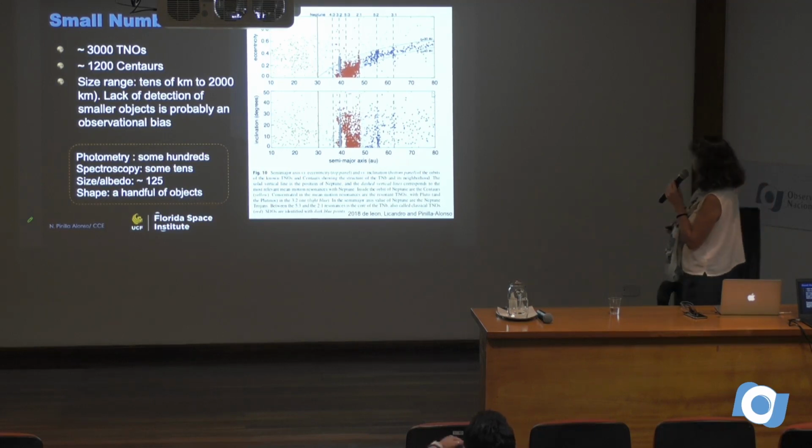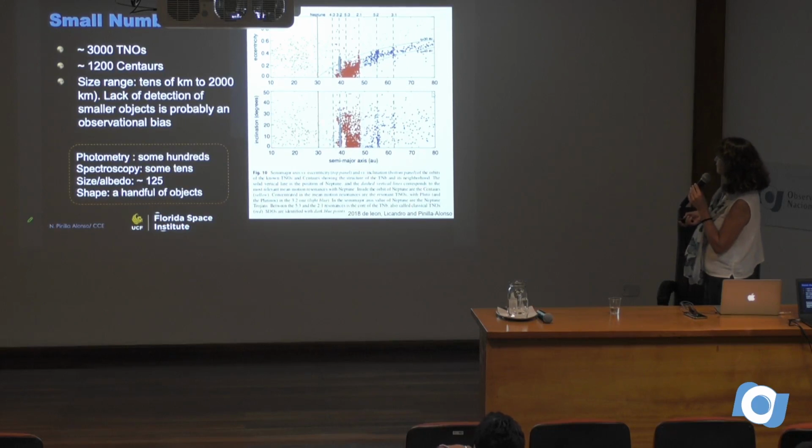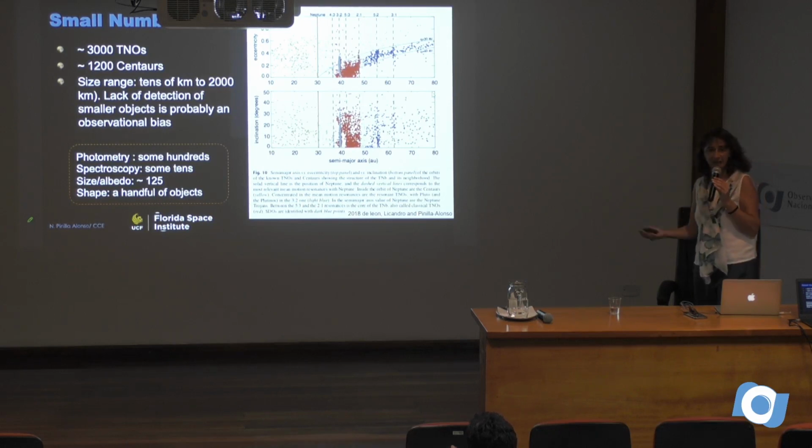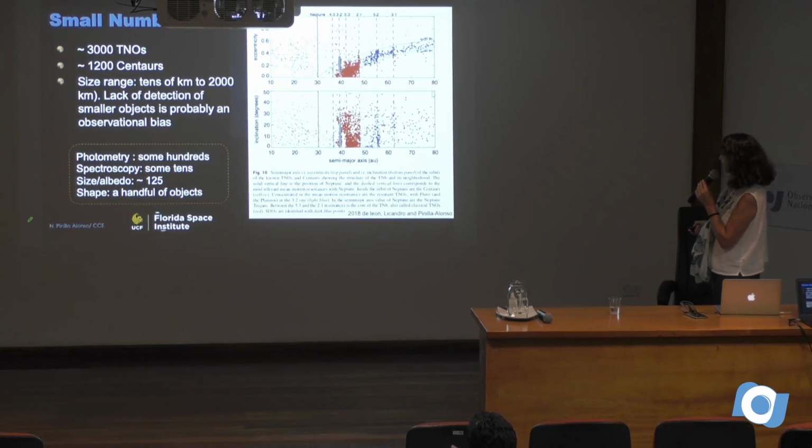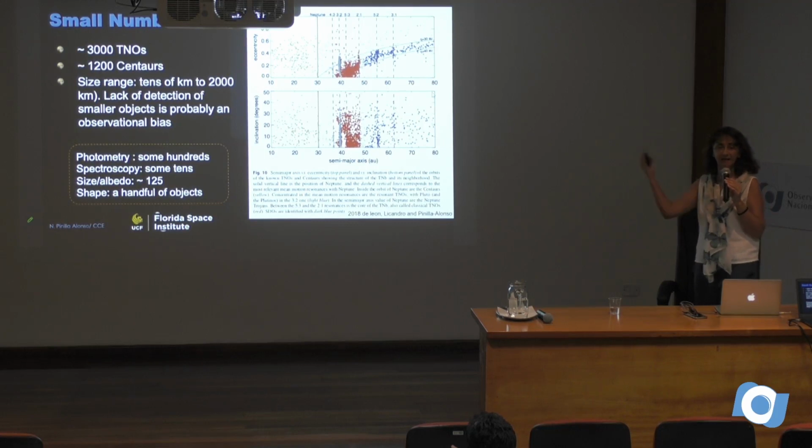What you see here is that most of the TNOs are beyond 40 astronomical units. This is eccentricity and this is inclination. There is a large population that has low eccentricity and is stuck between 40 and 50, that are the classical TNOs. And in this population, there is one that is very interesting, the low inclination ones, the ones that were not really excited dynamically.